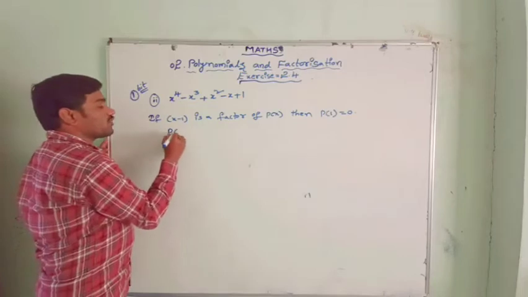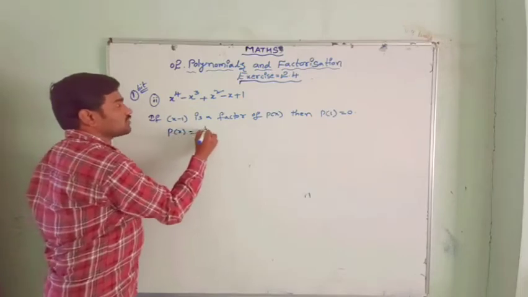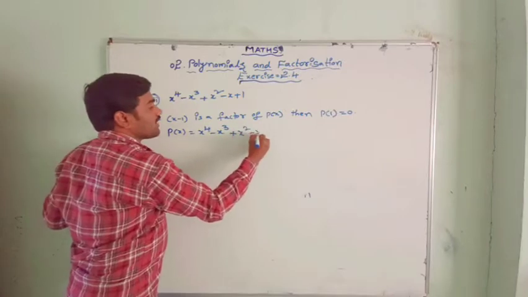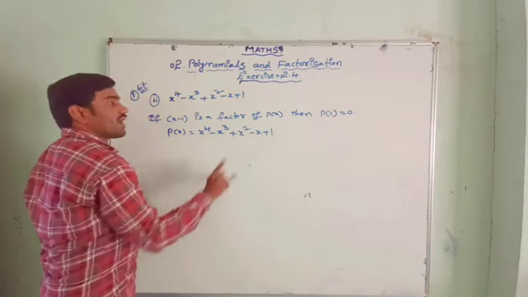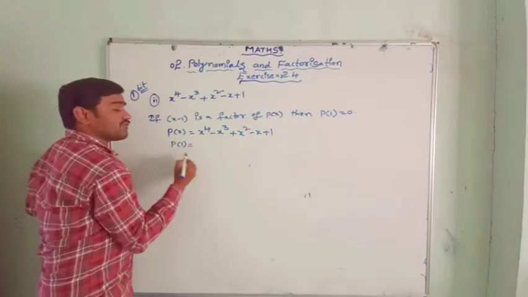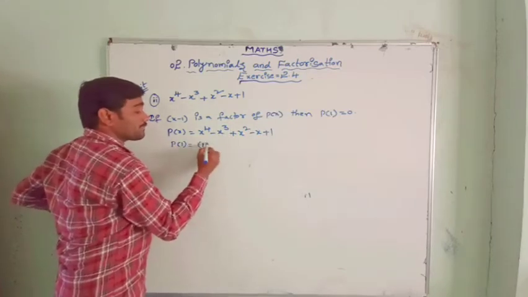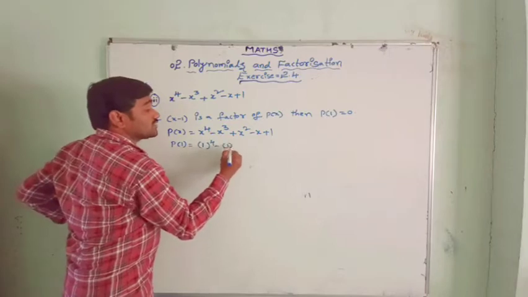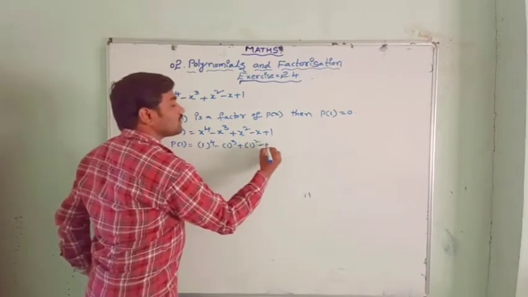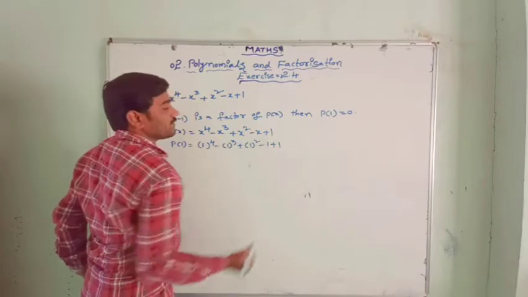Let us write the given polynomial once again. P of x equal to x to the power of 4 minus x cube plus x square minus x plus 1. So we have to find p of 1 again. If p of 1 equal to 0, it is a factor. That means x minus 1 is a factor of the given polynomial p of x.